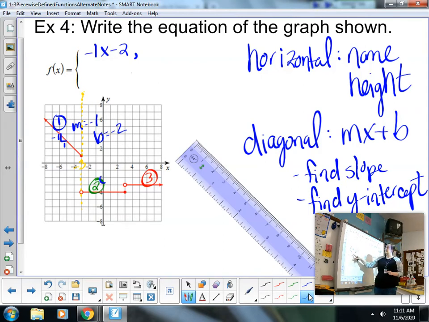The line exists to the left of that -3, and that dot is closed, which means my boundary is going to be x less than or equal to -3. So identify the x value of the boundary and then determine whether you are less than, in between, or greater than. So that's piece 1.